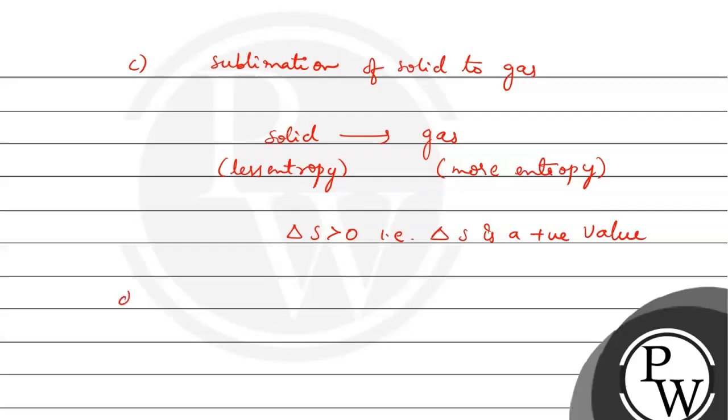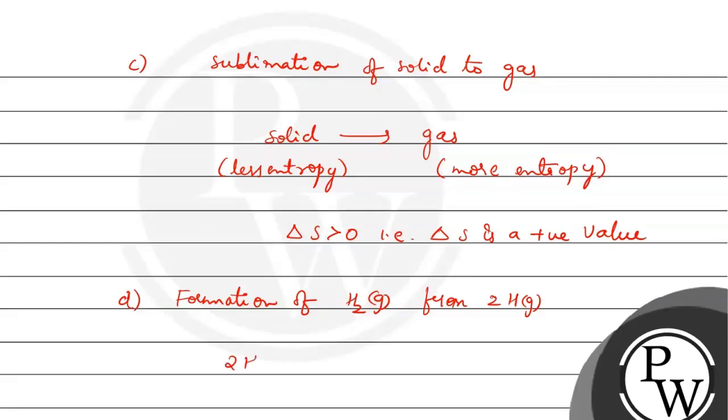So we are left with the last option, that is given in option D. Last process given in option D, that is formation of H2 gas from two hydrogen atoms present in gaseous form.